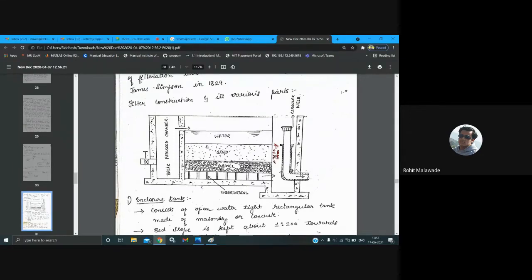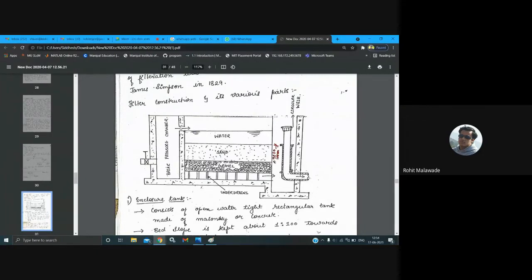Very fine particles we keep at the top, a little greater size in the middle, and the bigger size sand particles at the bottom. Similarly, in gravel also, we follow the same procedure: very fine particles at the top, medium in the middle, and the larger at the bottom.